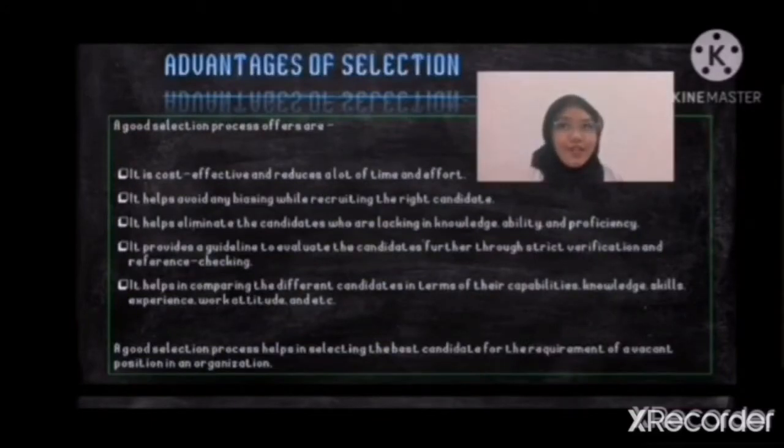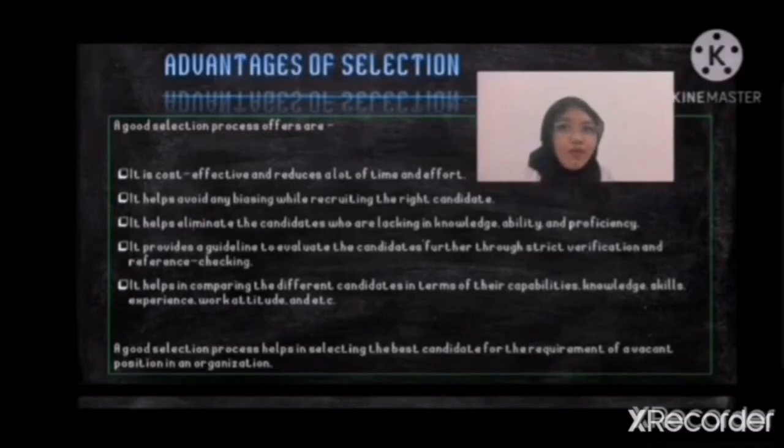Advantage of selection. A good selection process offers, firstly, it is cost effective and reduces a lot of time and effort. It helps avoid any biasing while recruiting the right candidates. It helps eliminate the candidates who are lacking in knowledge, ability, and proficiency.